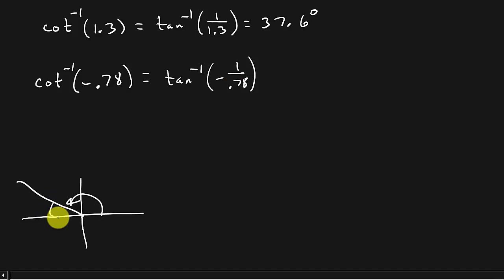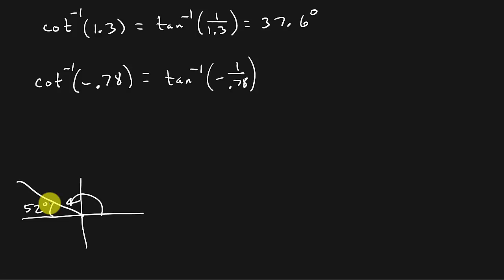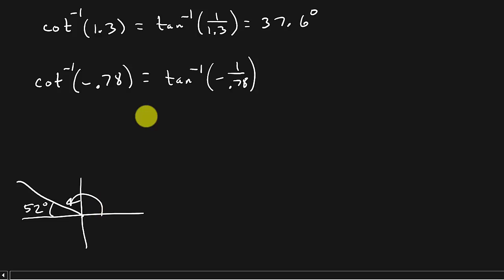And when I do the inverse tangent of positive 1 over 0.78, that gives me 52.04576912 degrees. But I'm just going to round it to 52 degrees. Okay, and so now I need to get this.